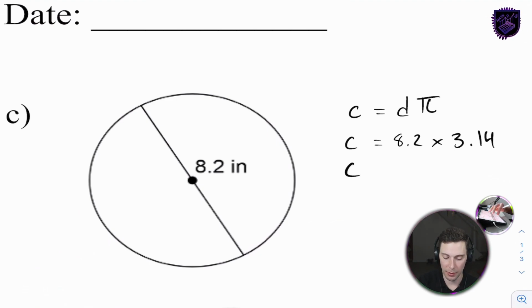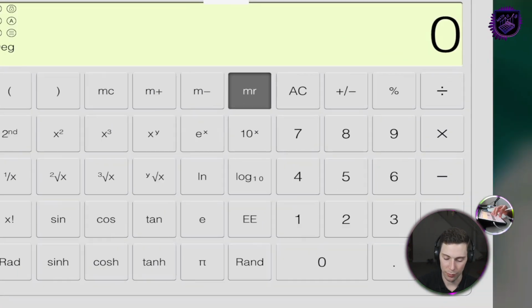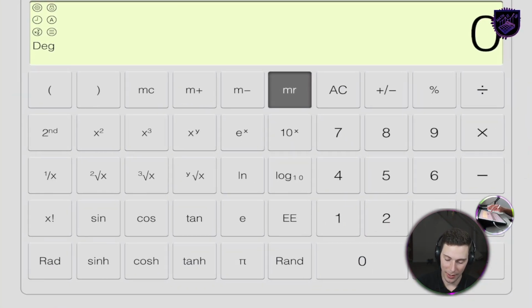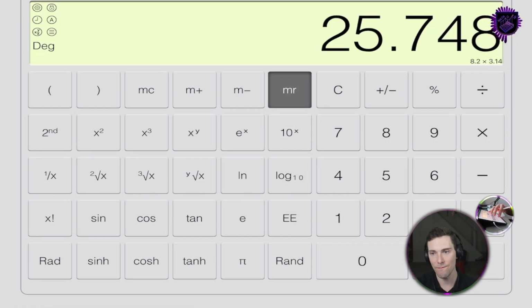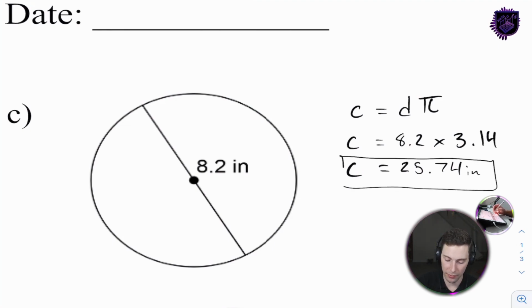We can simply pump that into our calculator. 8.2 times 3.14 is equal to 25.748. Let's leave it at 25.74 inches. You could say 25.75 or 25.8, which is probably what the answer sheet has, but that's okay.